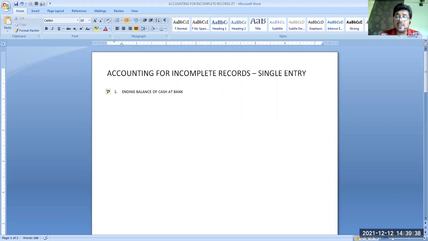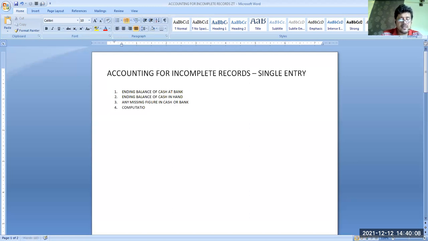I'm giving you all the requirements that could possibly be asked in CIE. Then the ending balance of cash in hand. Now, any missing figure in cash or bank, they can ask you.